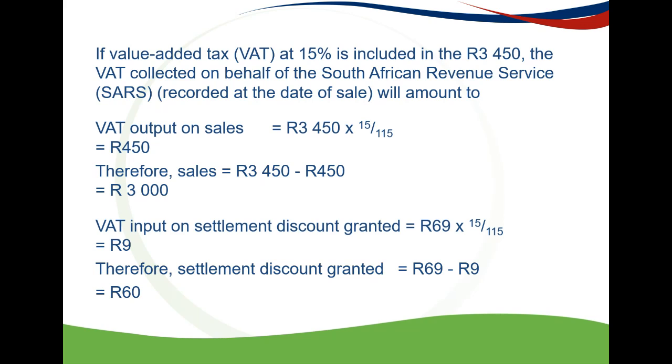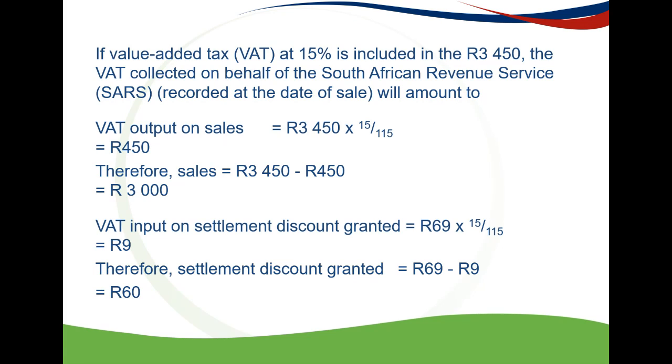And to calculate the VAT output on sales, one will do the calculation by saying 3,450 multiplied by 15 over 115, and that will give you your 450.